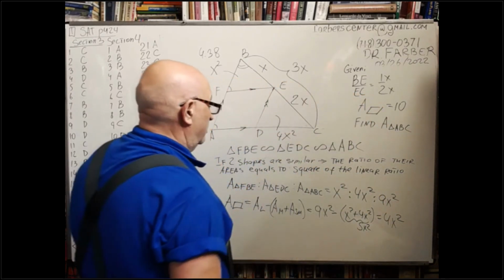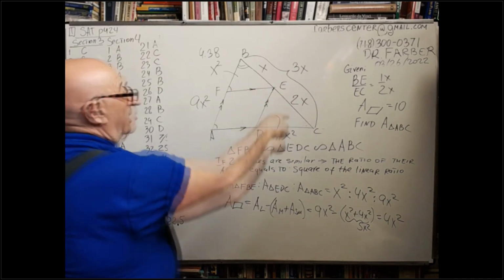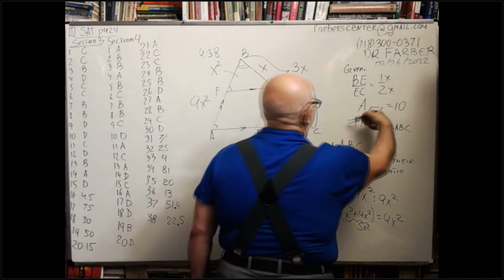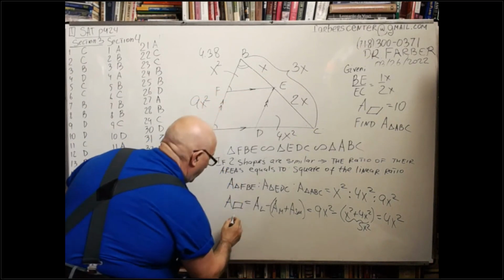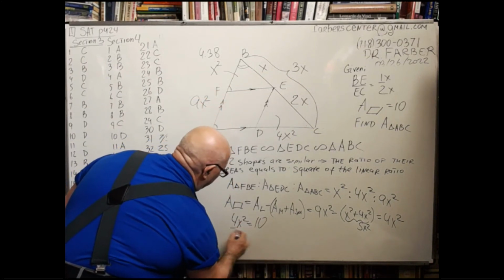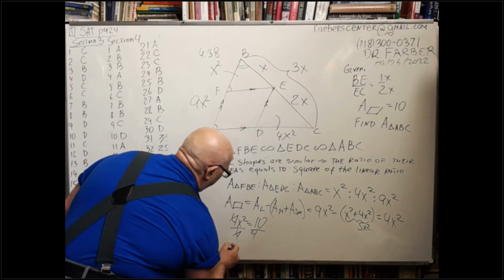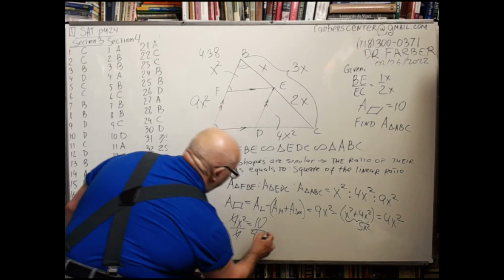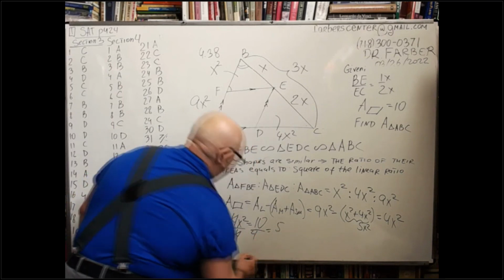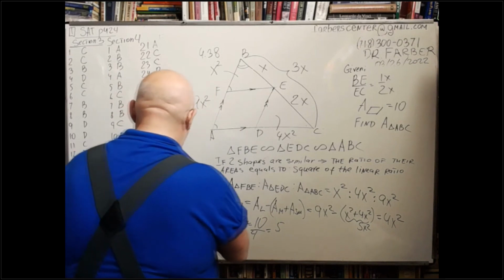And now I know that 4x squared, the area of the parallelogram, is given. So 4x squared equals 10. Divide by 4, cancel out, and x squared would be 5/2, right? Which format they should be provided, right?